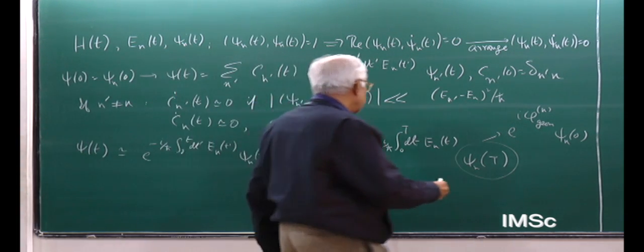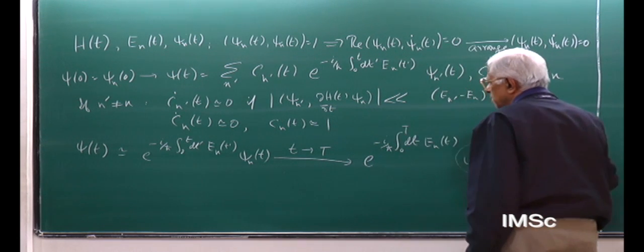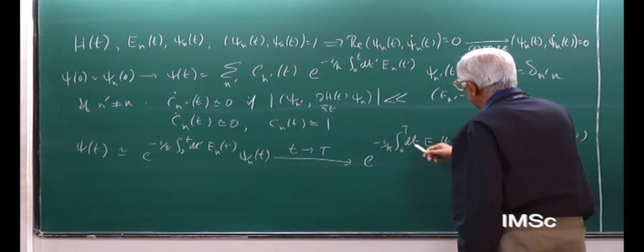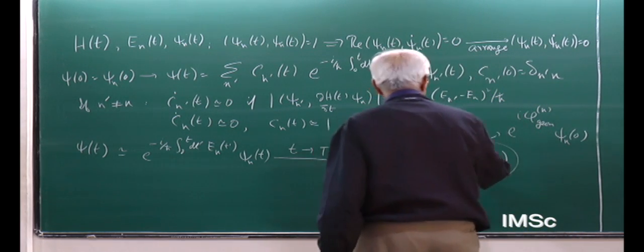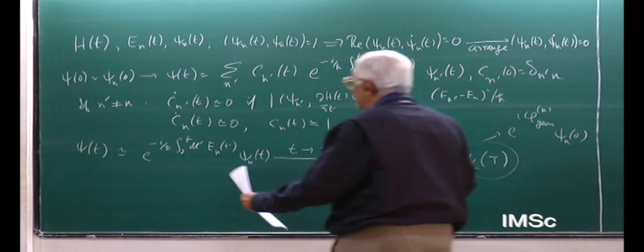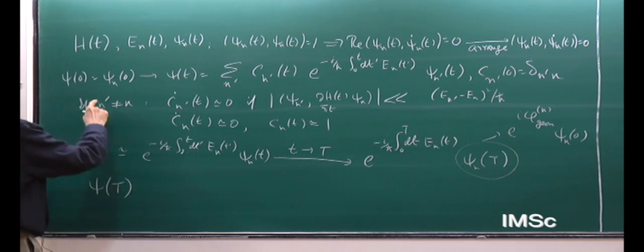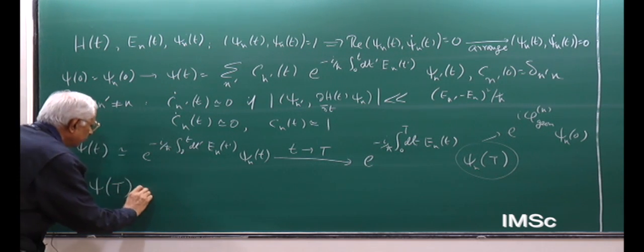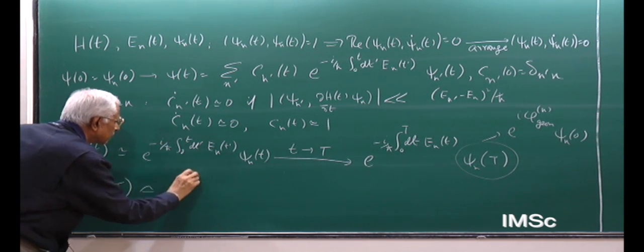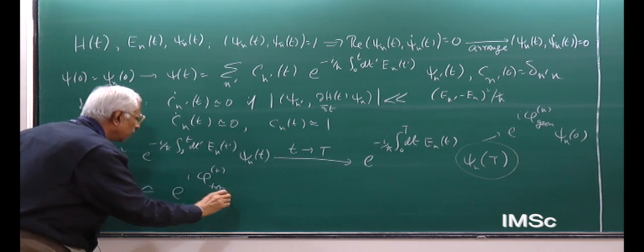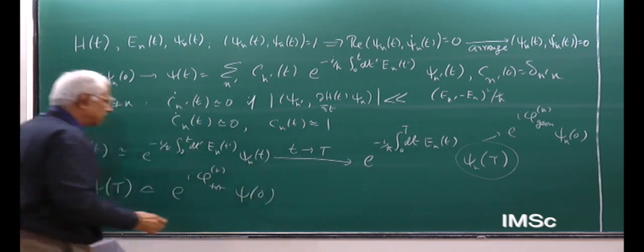So this is essentially what was the first proof of Berry's discovery, which means if you put all the things together, what do you find? Psi of capital T is approximately some total phase times psi of 0.